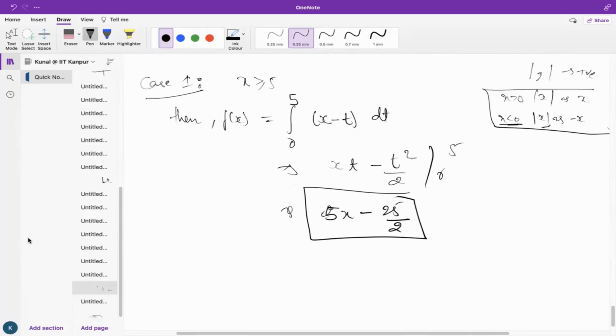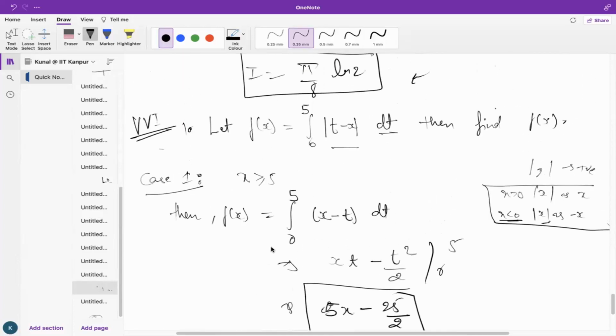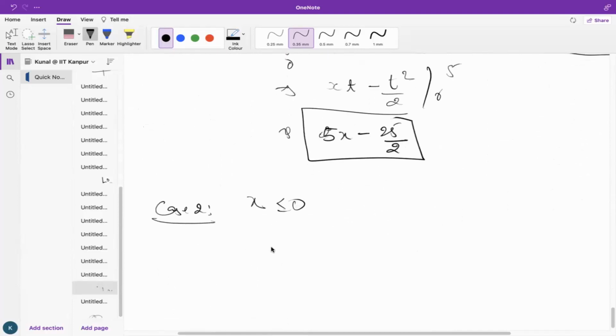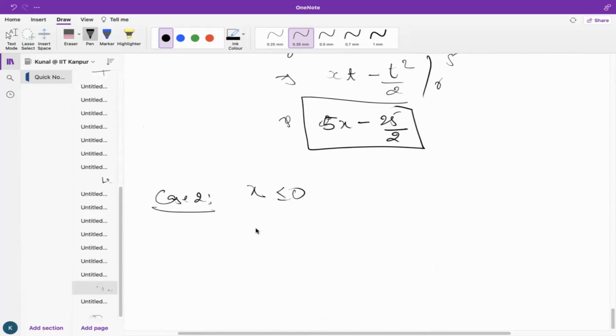The second case is, what if x is less than or equal to 0? Because our lower limit of t is 0, right? So what if our x value is less than 0? That means negative value or equal to 0. So it will be positive. So then f(x) will look like positive. So we have to just integrate from 0 to 5, t minus x dt. So what we get?